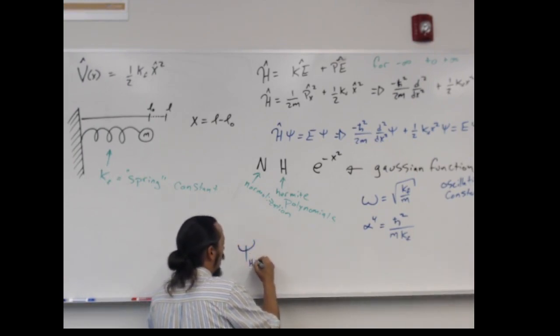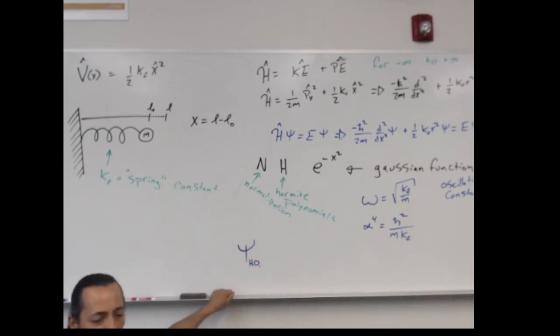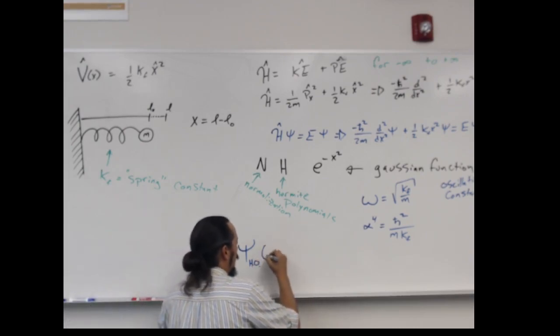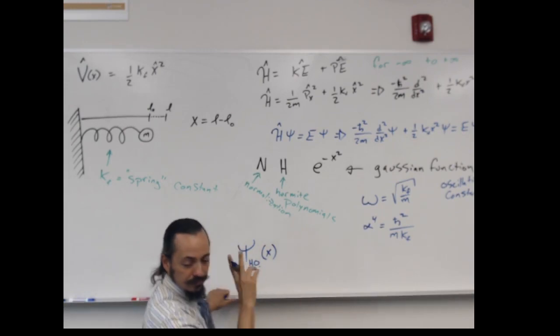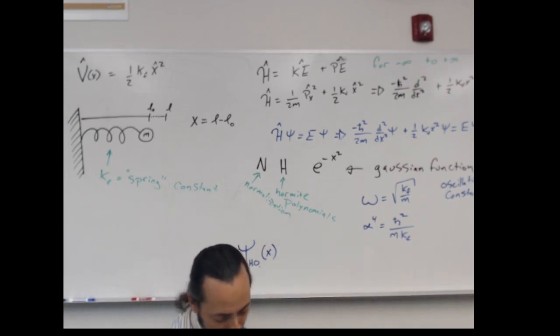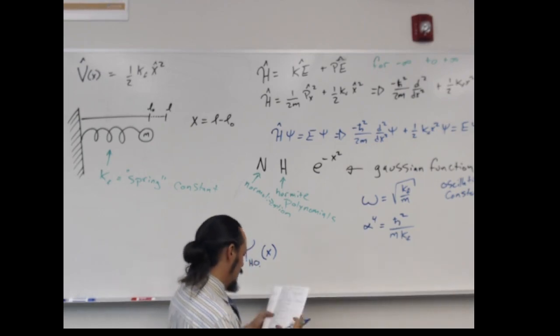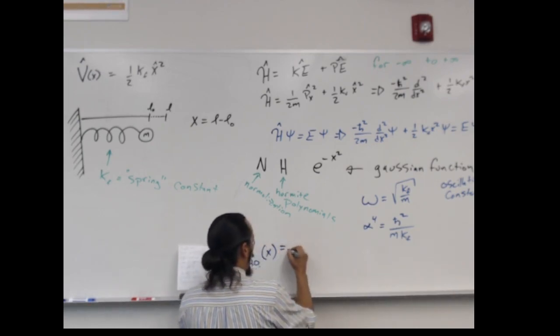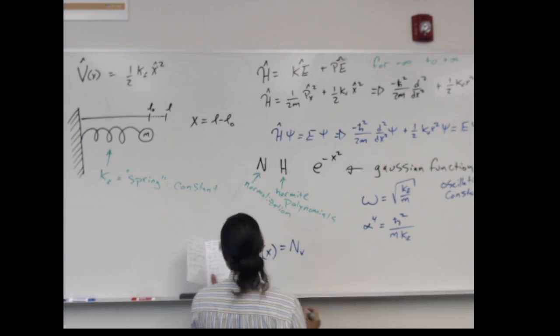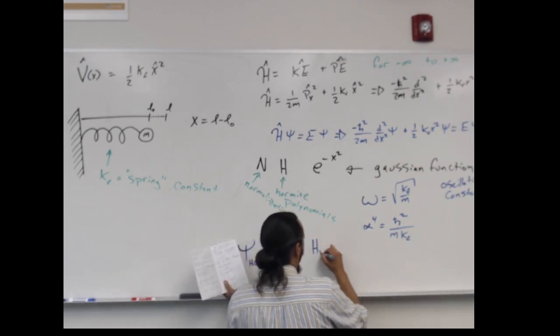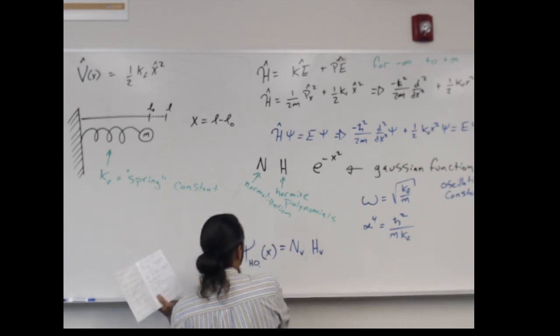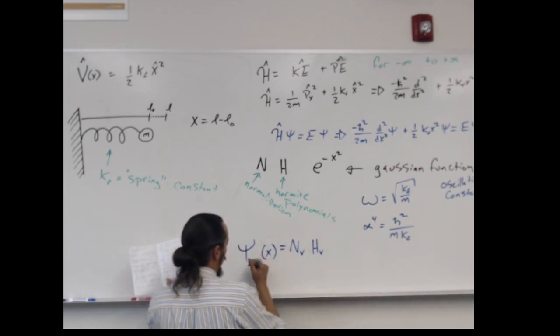So I'm going to call it psi for the harmonic oscillator. That's h.o. With position x. Yes, we'll do it this way. It is going to be equal to our normalization constant times our Hermite polynomials, where I should actually call this psi v.